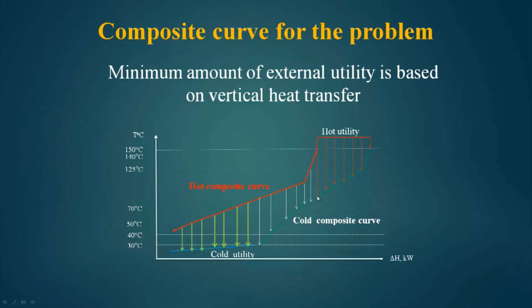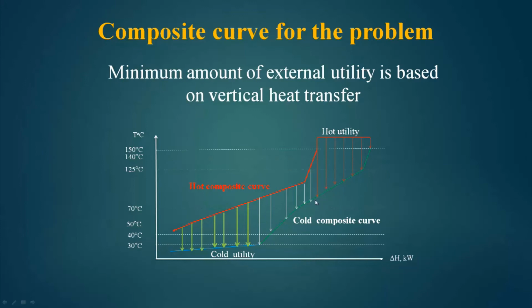Say this area filled up with vertical lines shows the amount of hot utility. So, the hot utility which is here passes heat vertically to hit the cold streams available from this point to this point.